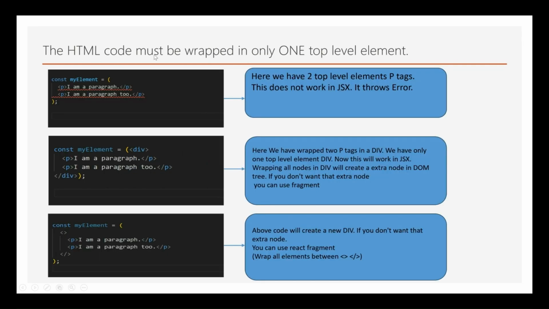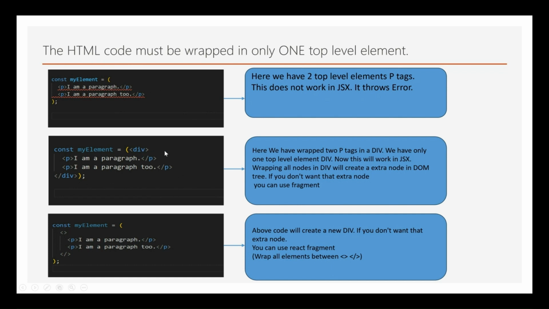Second rule: the HTML code must be wrapped in only one top-level element. The first block of code has 2 top-level p tags. This does not work in JSX, and it throws an error. To make it work, in the second block of code, we have wrapped the 2 p tags in a division.